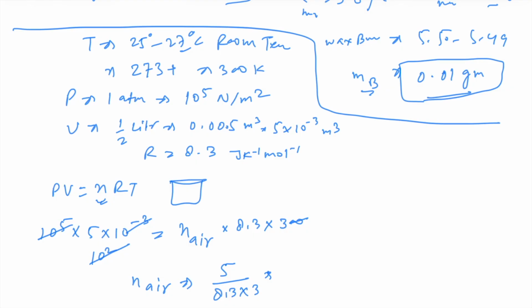Oh, this is 10 to the power minus 4. Sorry, my bad. So it will become 10 to the power 3. Again, this will cancel out and it will become 83. This will come around 0.02, right? So 0.20 mole of air in the glass or tumbler.